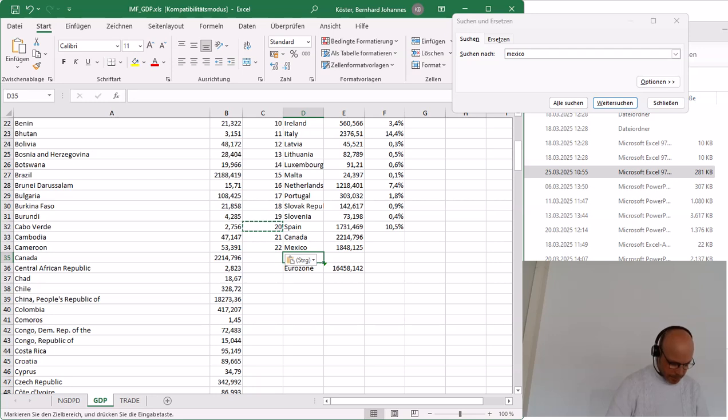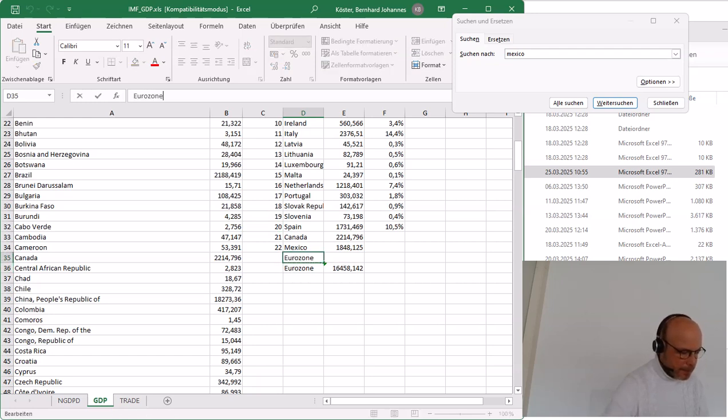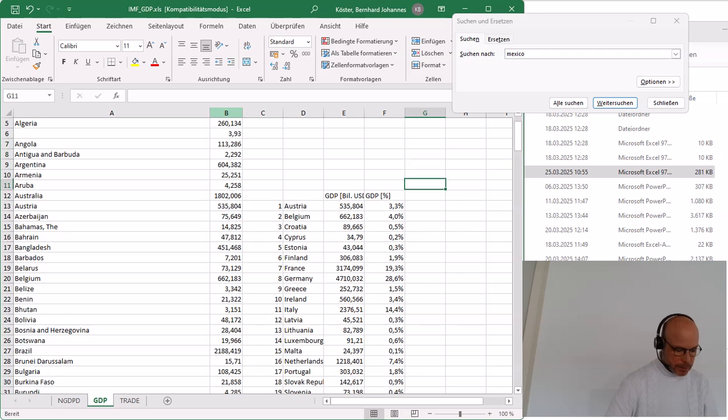So then we need here the Eurozone. Oops. Plus Mexico plus Canada. This is then Eurozone plus Canada plus Mexico. And now the relative size of all these ones.